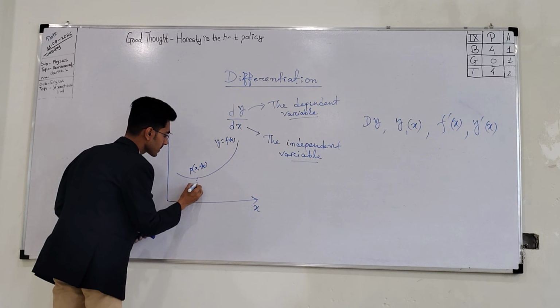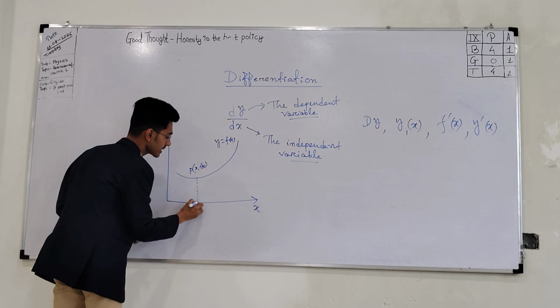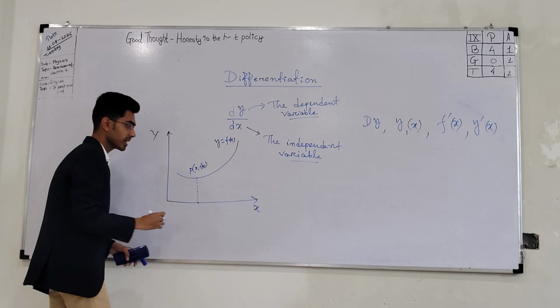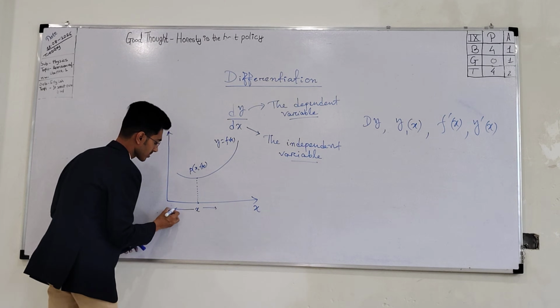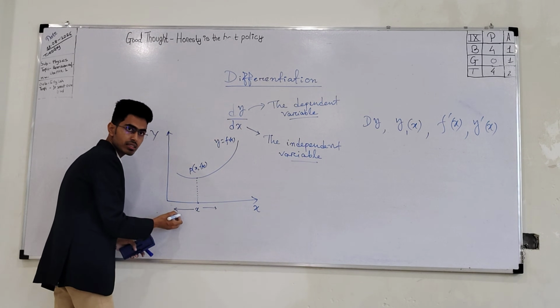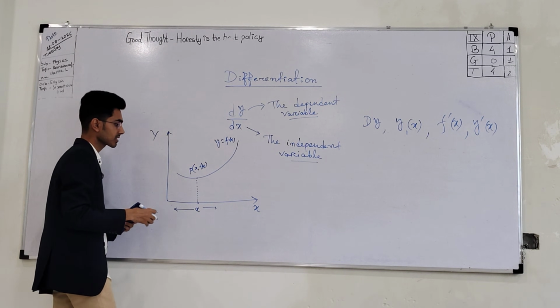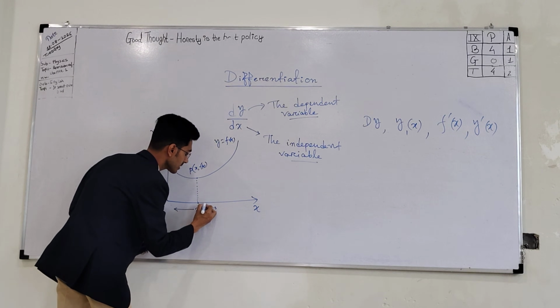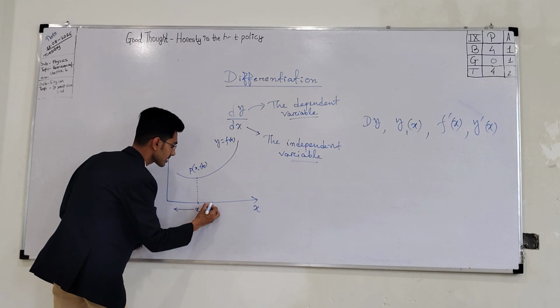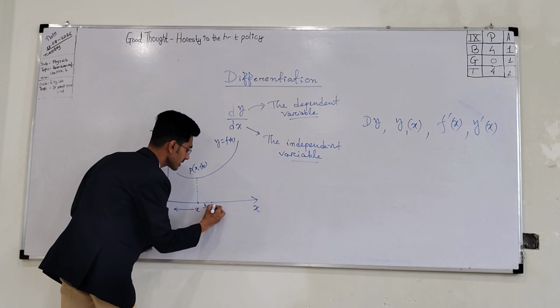If we draw a perpendicular from that coordinate on the x axis, we get a point and the name of the point is x. This is the positive side of the point x and this is the negative side. Let us suppose at some distance h, the name of the point is x plus h.